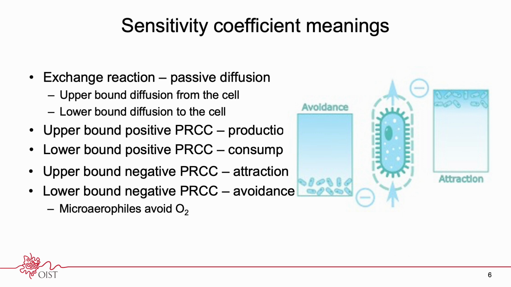Because of this, we call these two interactions attraction and avoidance. For example, when we analyze microaerophiles, which tend to avoid high concentrations of oxygen, the lower bound coefficient for oxygen is negative for that species.